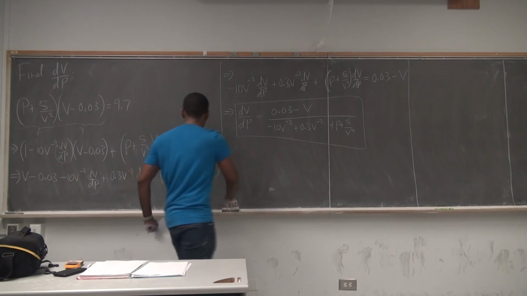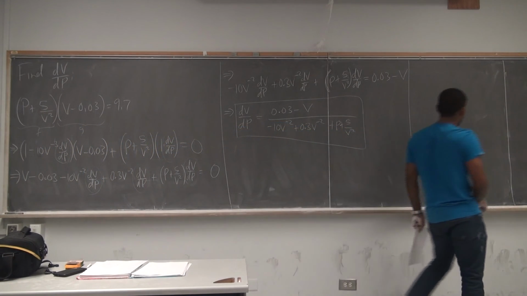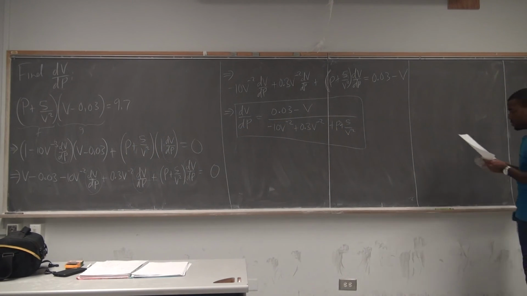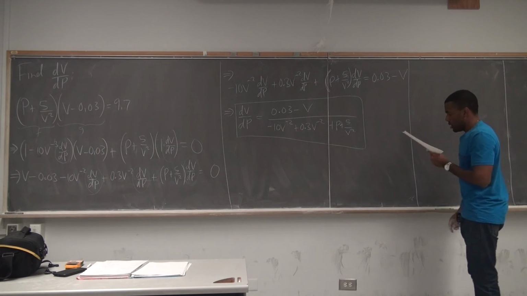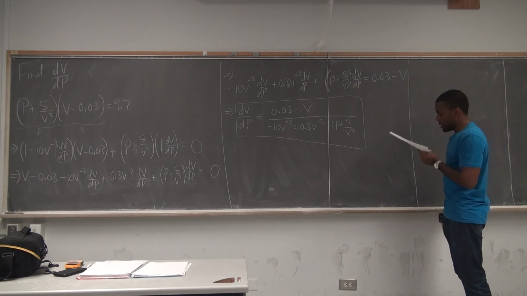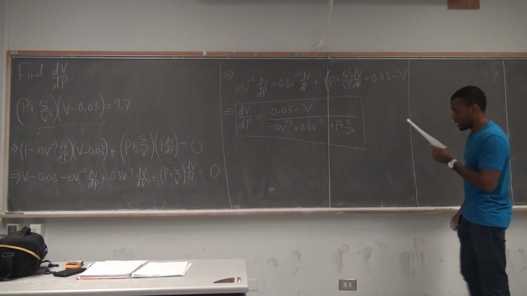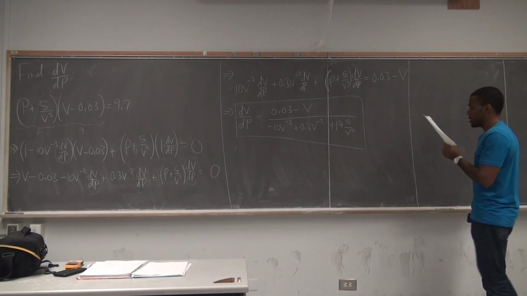One more example I want to do here in this section. This is kind of looking ahead to another topic we're going to do called related rates, but it uses implicit differentiation, so I can start to introduce it here.